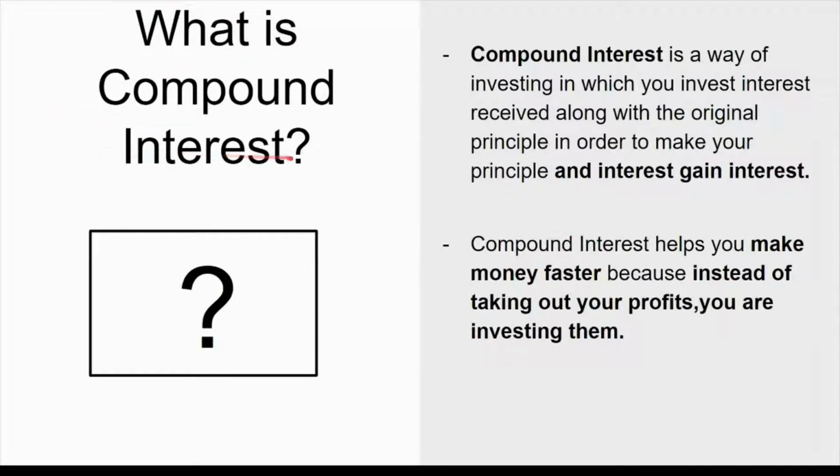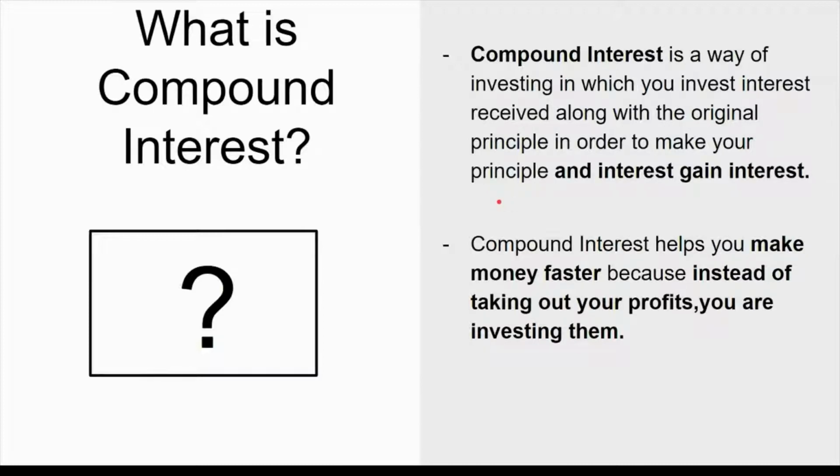So, what is compound interest? Compound interest is a way of investing in which you invest interest received along with the original principal in order to make your principal and interest gain more interest. So basically, let's say the first year you decided to invest $100, right?